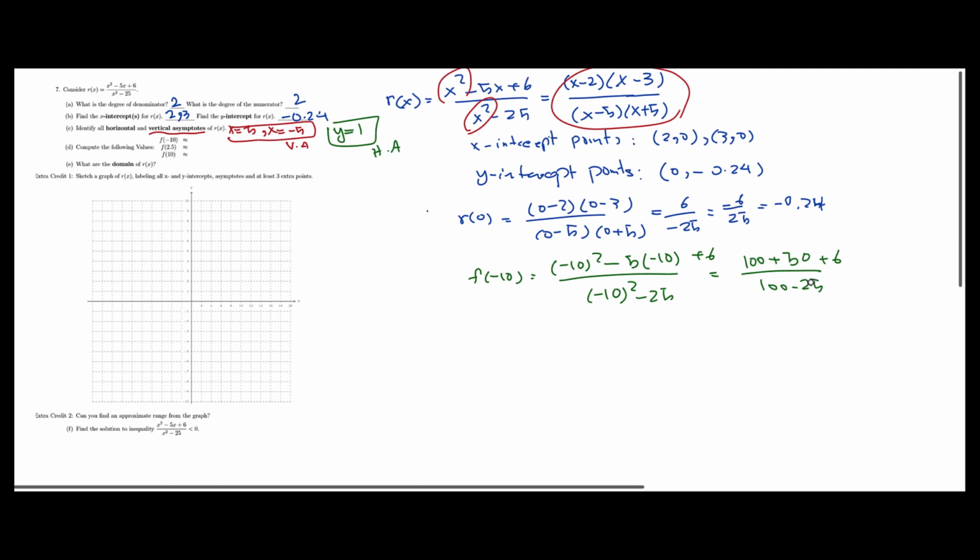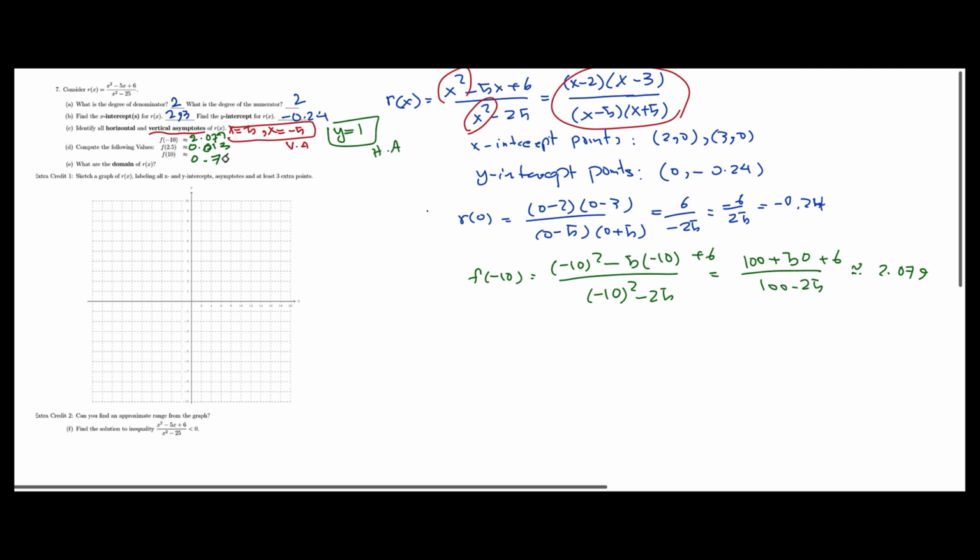And then that value is approximately 2.079. Do the same thing for 2.5 and you get 0.013. And then for 10, you get approximately 0.76.